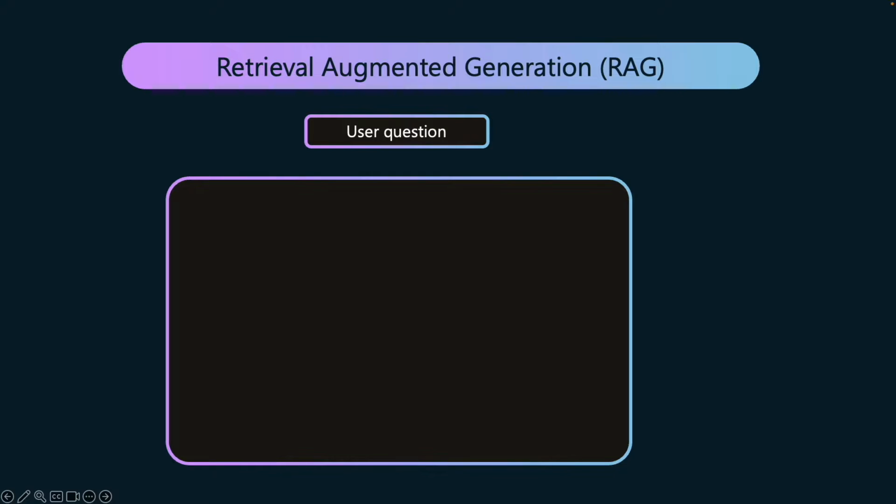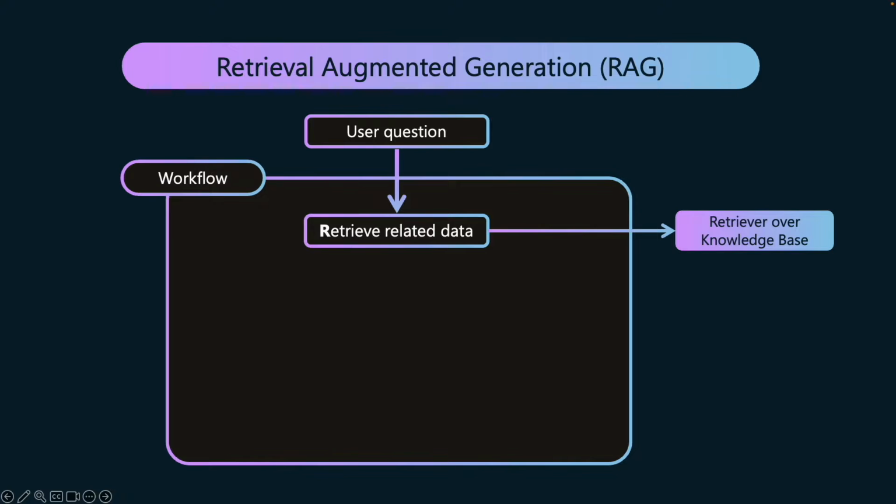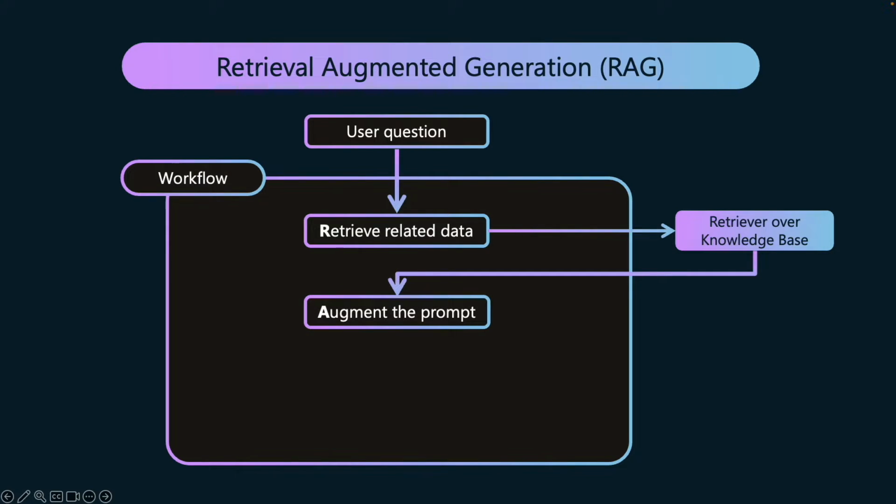The other approach that people take is this thing called RAG. RAG is about a person putting in a question, and you look aside and grab data which is relevant to that question. You grab that data, and then you return that back and you augment the prompt with that data.